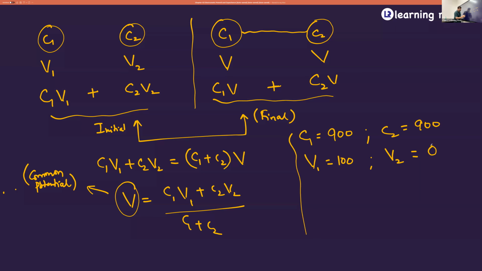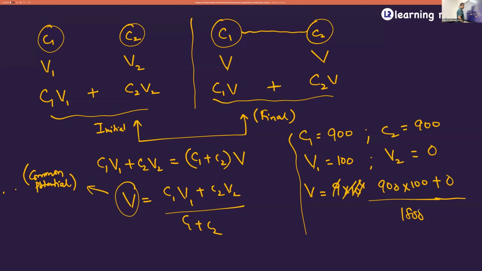Then how to calculate the value of V? V will be equal to C1V1, that is 900 into 100, plus C2 into V2, which is 0, the whole divided by C1 plus C2. So it is going to be 1800.